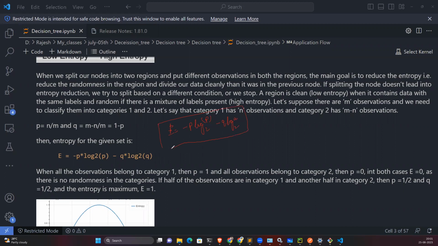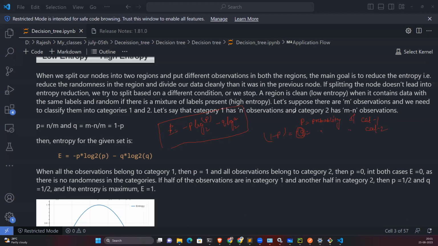Now just try to understand how the entropy works. Let's suppose we have two categories, category 1 and category 2. So P is the probability of category 1, and Q is the probability of category 2. Can I write Q as 1 minus P?